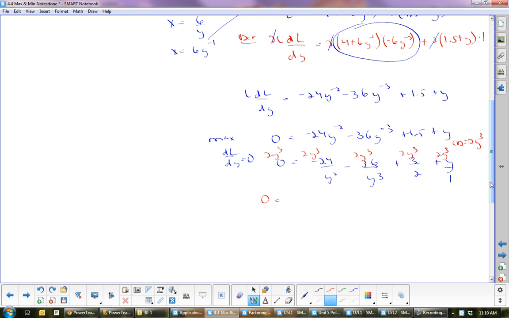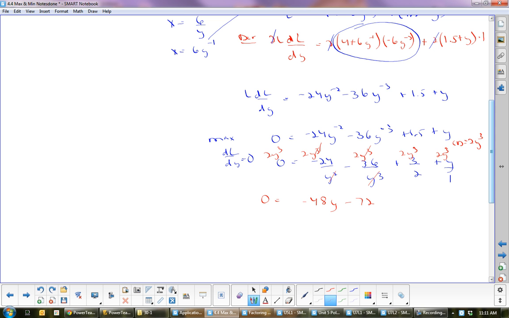Okay, so that's going to give me 2 times negative 24. That's negative 48y. This is going to be minus 2 times, that's negative 72, and the y cubes will just cancel. That is y squared, just cancel the 1.